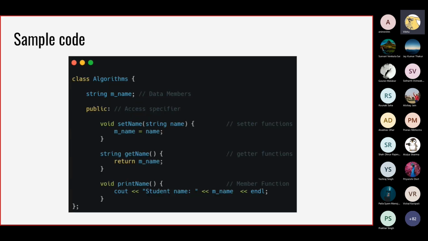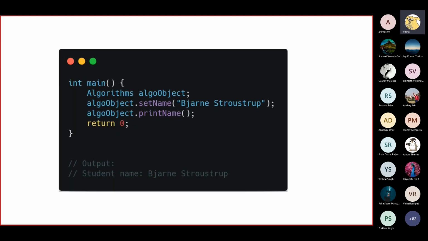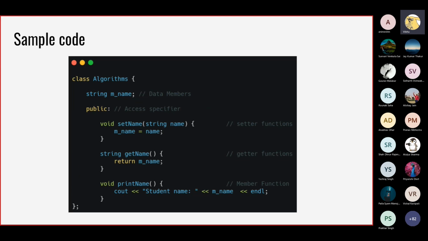But string mName is under the private access specifier. When we don't mention an access specifier, it's by default private. So if I had done something like printf and said algo object dot mName, that would not have worked. That would have given me a compiler error because I have declared it as private.